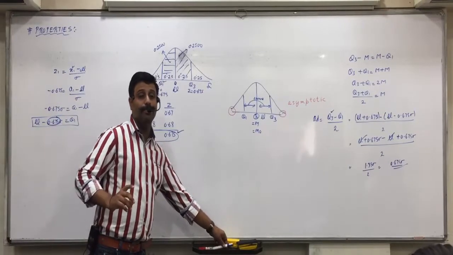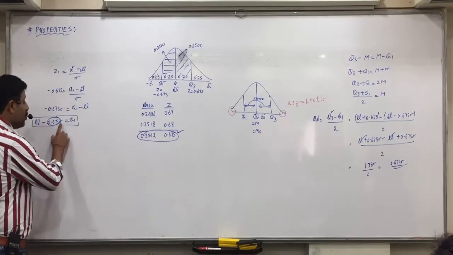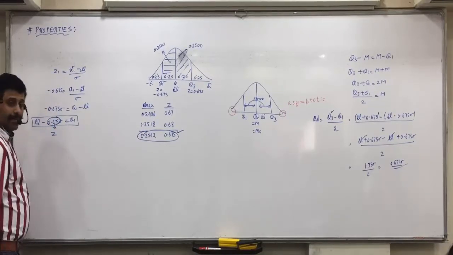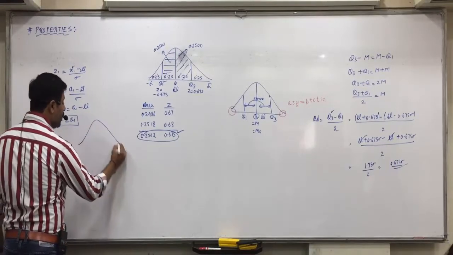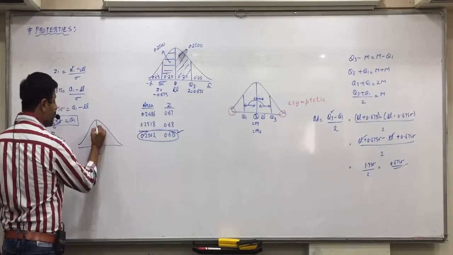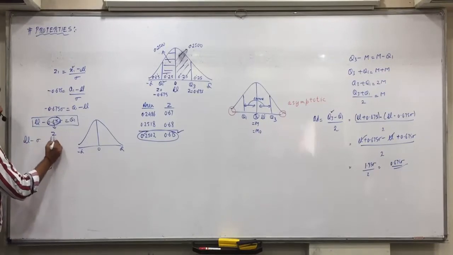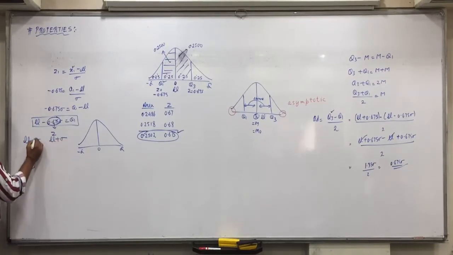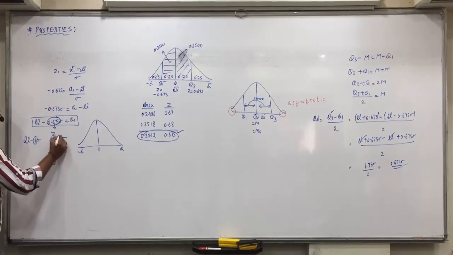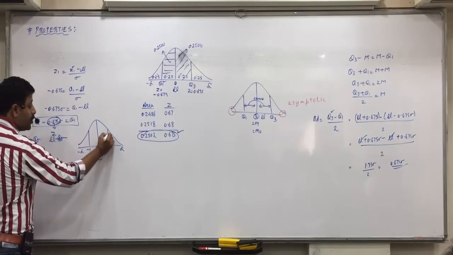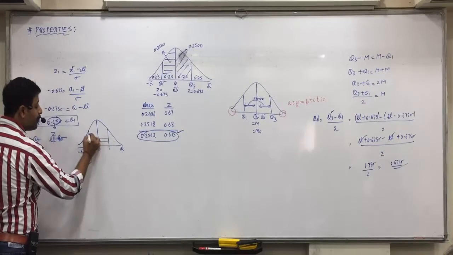Just now I told you, whatever is the coefficient of sigma, that is Z. Now, in this second property, what is the coefficient of sigma? 1. Nothing means 1. If they write mu minus sigma and mu plus sigma, it means the coefficient of sigma is 1. Means I need the area from minus 1 to 1.